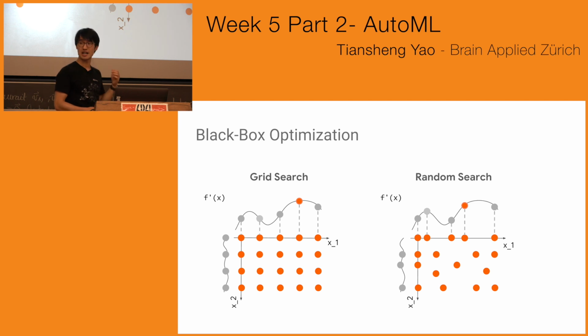So it's a dimension that f of x is very insensitive to. But if you still do grid search, you waste a lot of space trying to get the function value in this area. The random search is a little bit better. It won't waste so much time on every possible grid point, and you can see these random dots here, it has more chances of exploring different values on the x1 dimension, which is where the function value changes more as you change it.